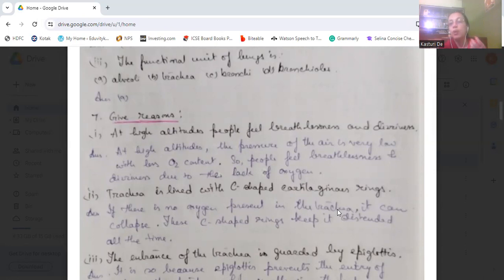So there are certain C-shaped rings present in the trachea, which help it to remain distended all the time, so that it does not collapse, and the oxygen can go in and carbon dioxide can come out automatically, without any obstruction.